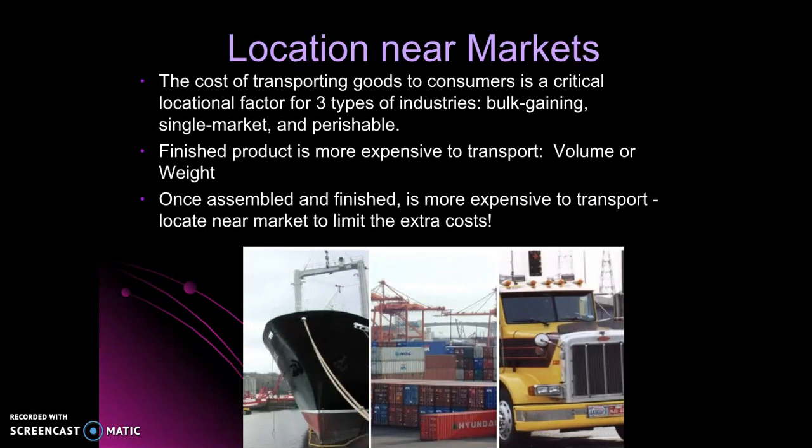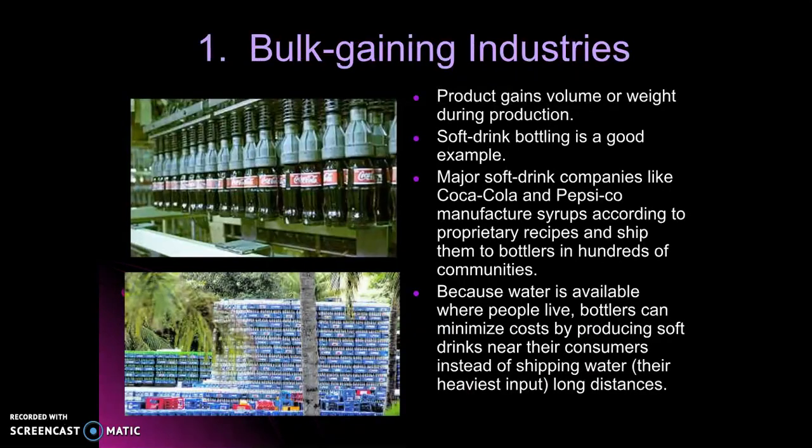So we talk about bulk gaining, single market, and perishable. These are bulk gaining. Bulk means weight, so they gain weight or volume during processing, so that increases those costs. In order to negate the costs of that increasing bulk, you want to locate your final factory as close as possible to your consumer, because the single components weigh a lot less to transport than the final product.